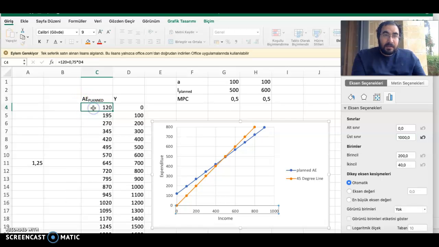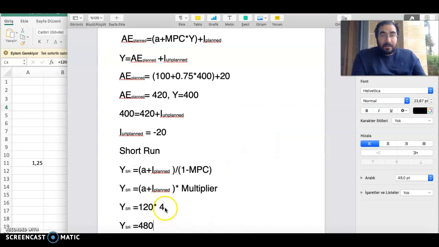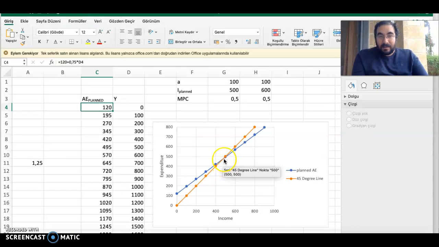Why is it 500? 120 times 0.75. It's not exactly 500 actually. It is 480 probably, but on the graph it is very close to that point, but we cannot see that exact intersection point. So you can pass this to the paintbrush and show the point where the short-run equilibrium is. So the actual equilibrium point is 480, not 500 in this case. So don't trust Excel 100% in that sense.